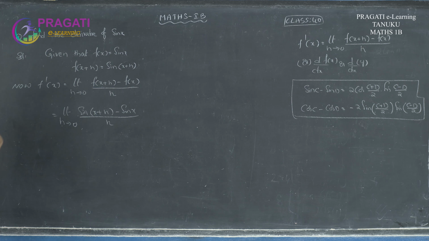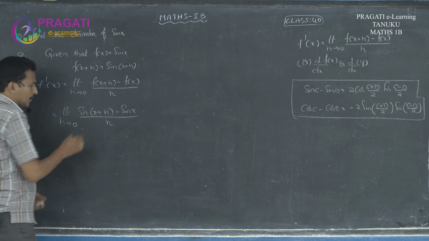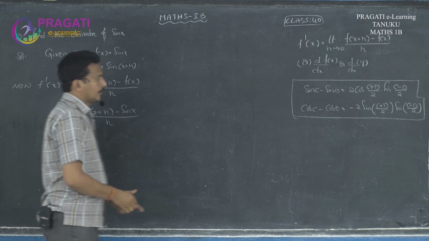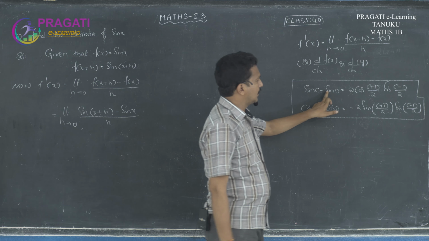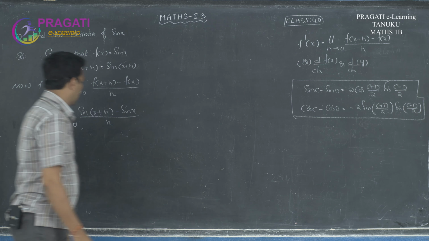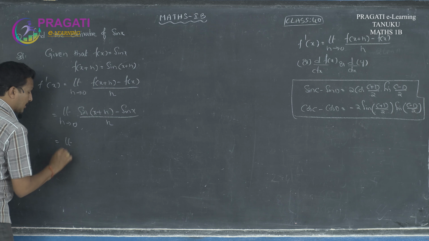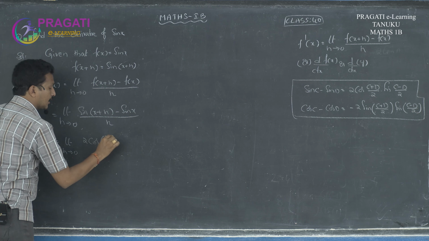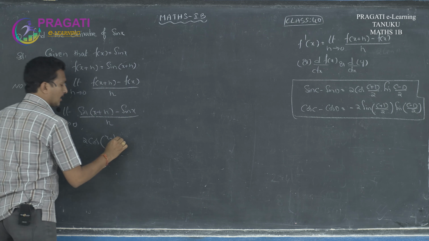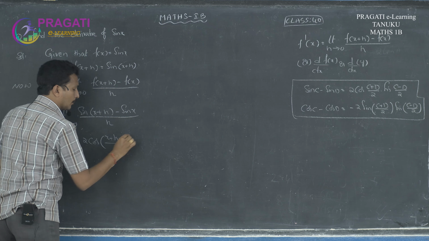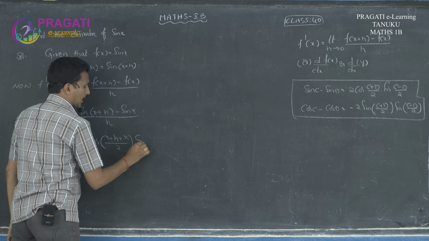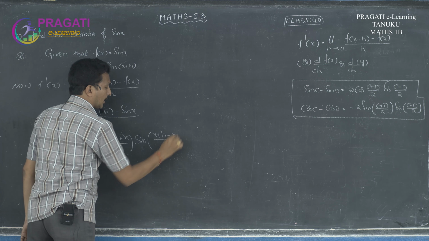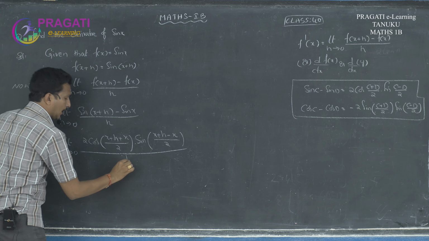So finally, formula based. Here it is of the form sin c minus sin d. What is the formula? Limit h tends to 0 of 2 cos of c, c means x plus h, plus d by 2 into sin of c minus d by 2, whole by h.